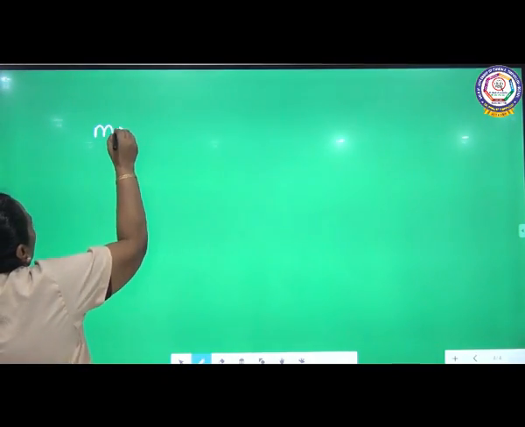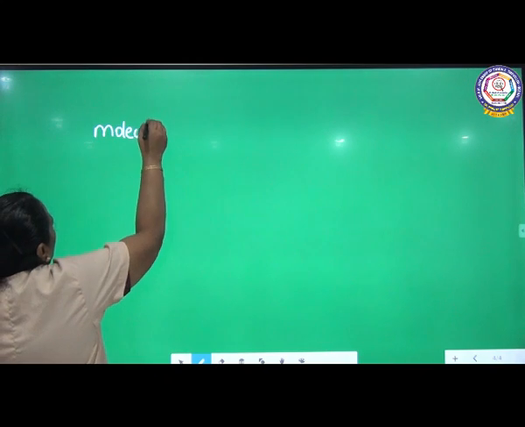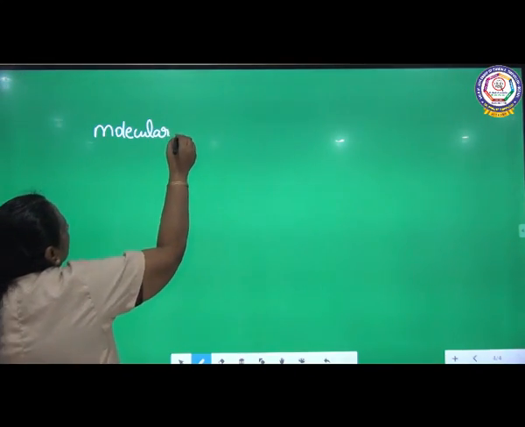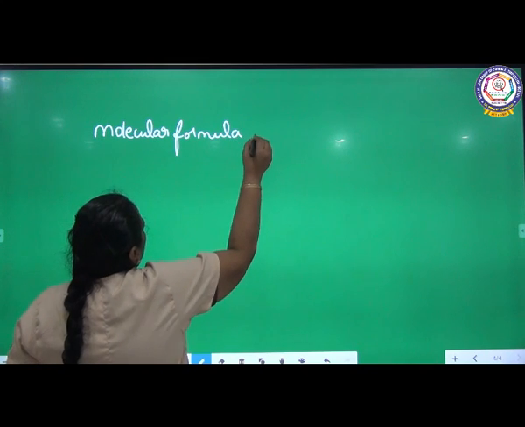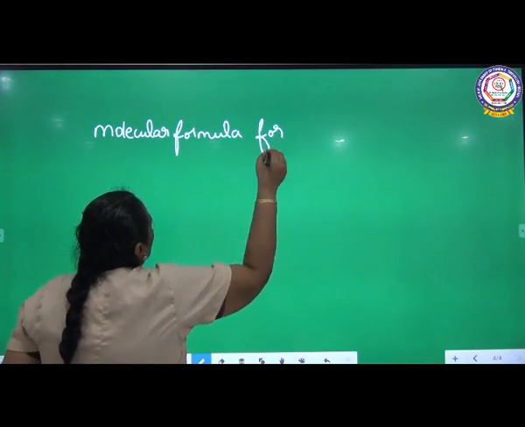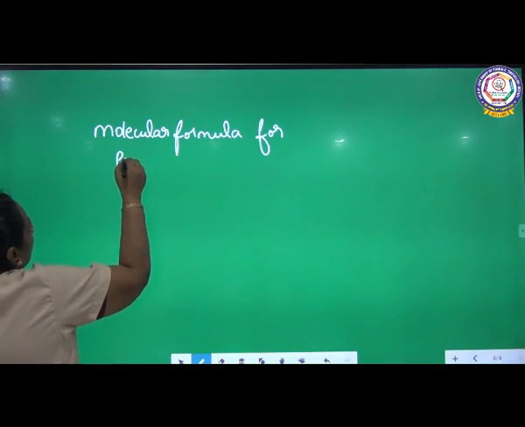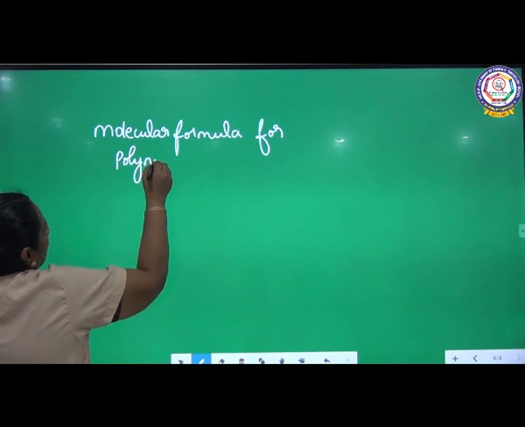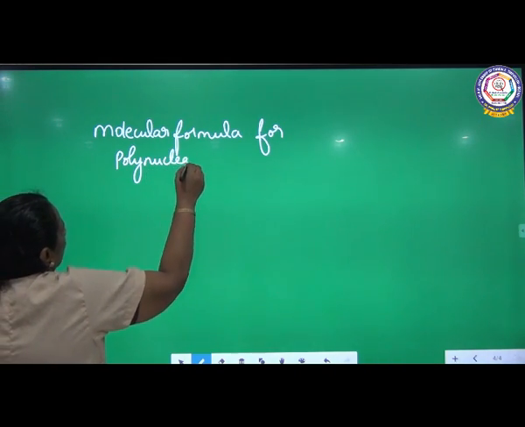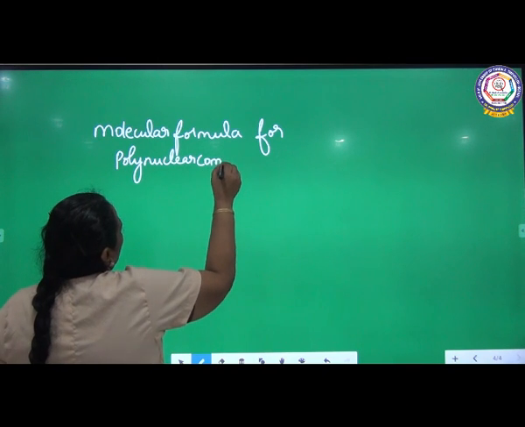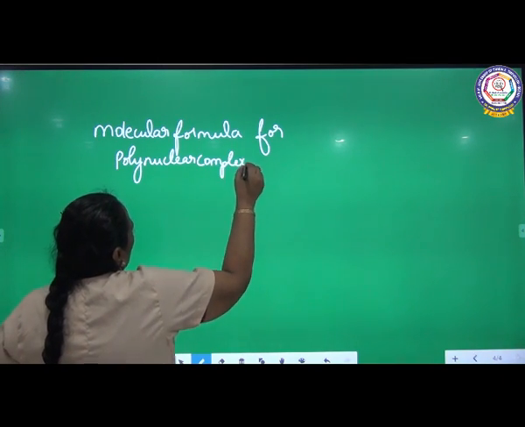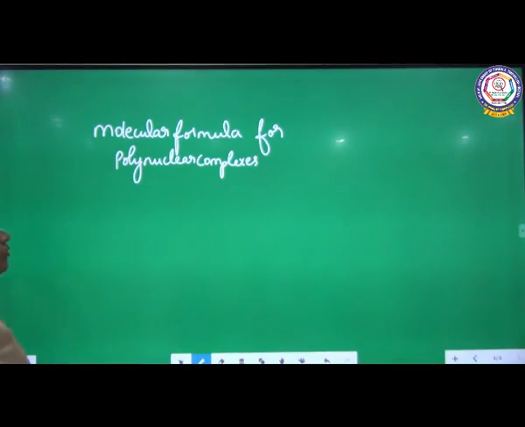Molecular formula for polynuclear complexes.